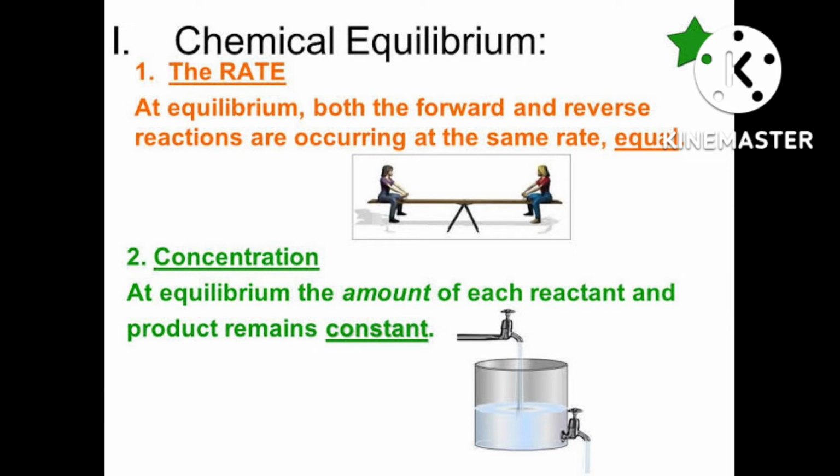Equilibrium can be established for both physical process and chemical process. Then this H2O liquid to H2O vapor is an example of a physical process.